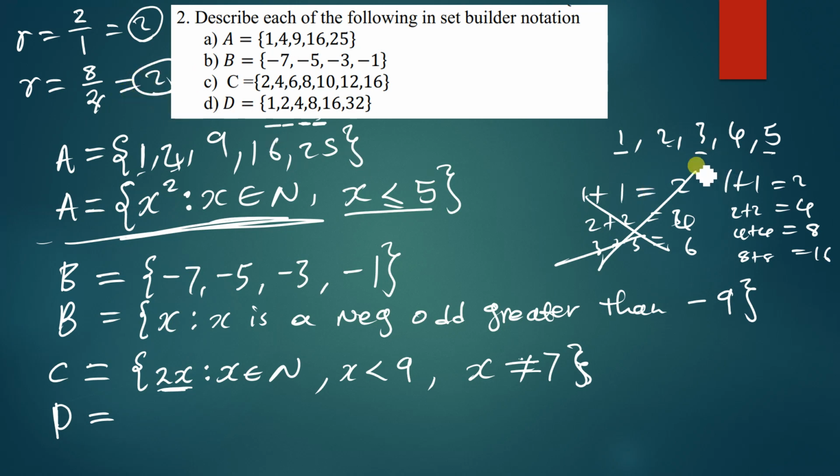For GPs, we know that the nth term of a GP is found by a, which is the first term, times r, the common ratio, to the power n minus 1. So let us find the nth term.